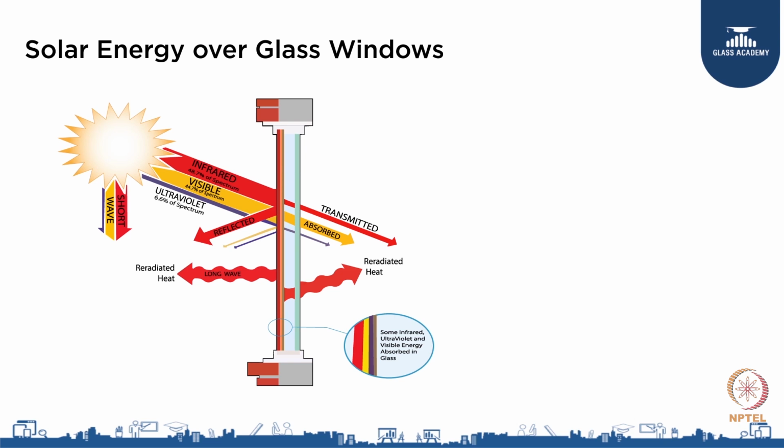Some part of this long wave can come inside the space and some part of this long wave can go outside. So in totality, when you are looking from inside, you are getting infrared radiation directly transmitted, visible radiation directly transmitted, a little bit of ultraviolet radiation directly transmitted, and the radiation which is absorbed and re-emitted as long wave radiation.